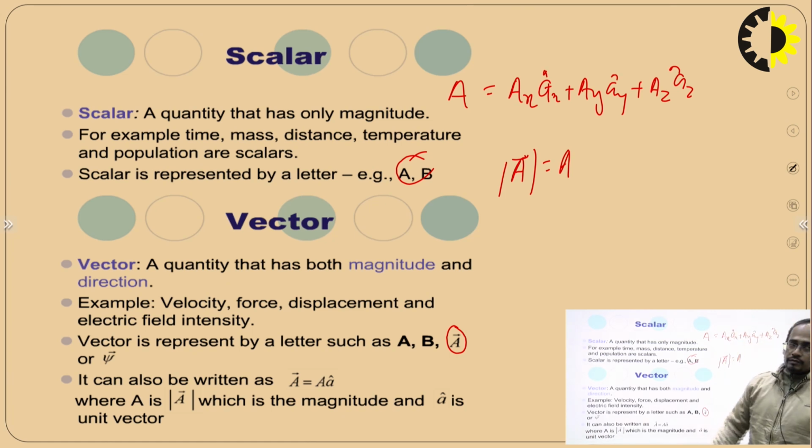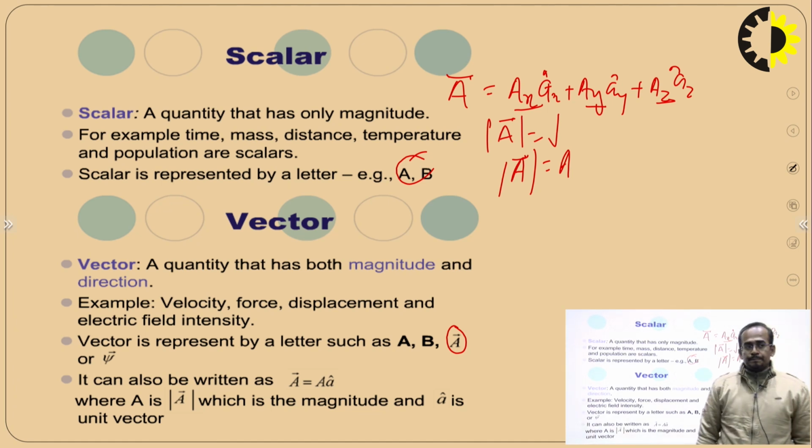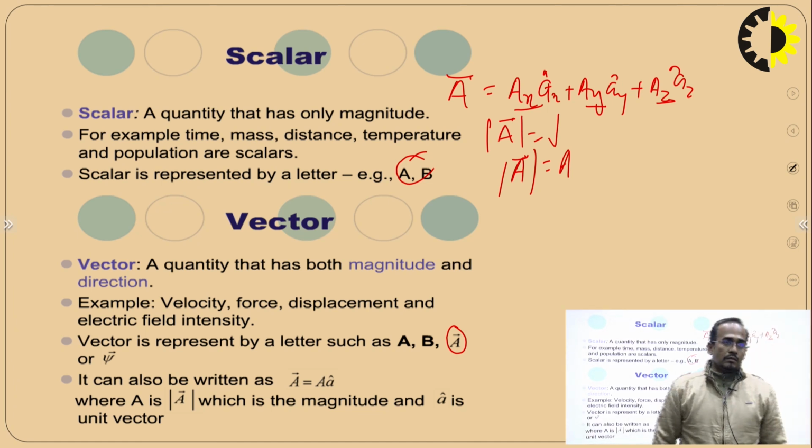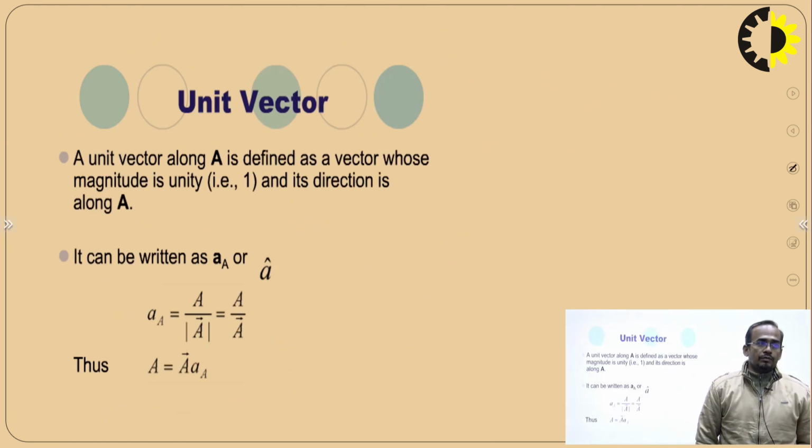The magnitude, mod of A, is nothing but the square root of Ax square plus Ay square plus Az square, where small ax, ay, az represent the unit vectors, or the direction of the vector.